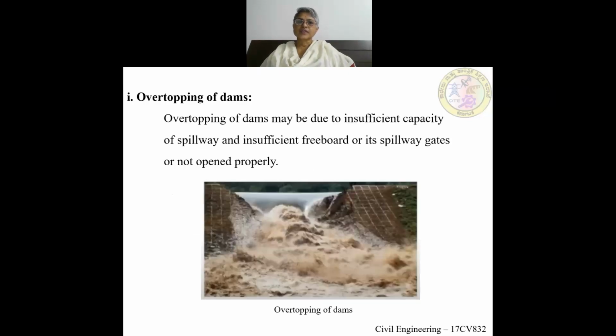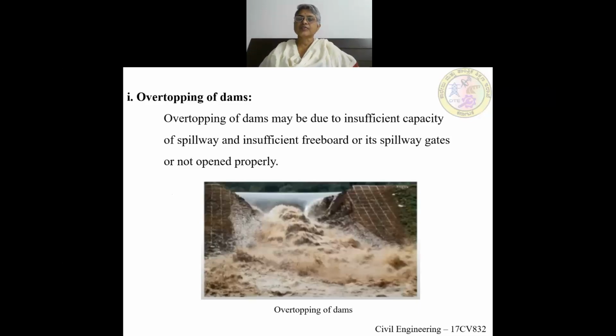You can see here the top of the dam itself has been damaged. The dam itself is damaged and the water is flowing through the dam which is cut. Why does this happen? During the design of the dam, some flood estimate would have been made.